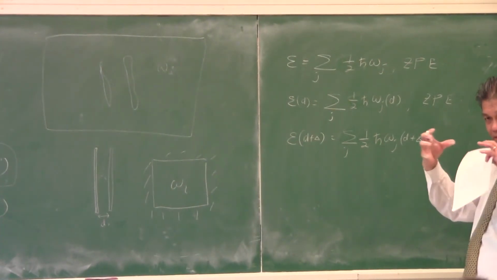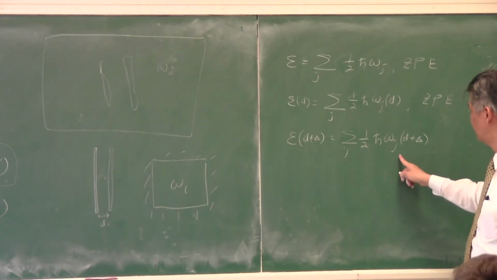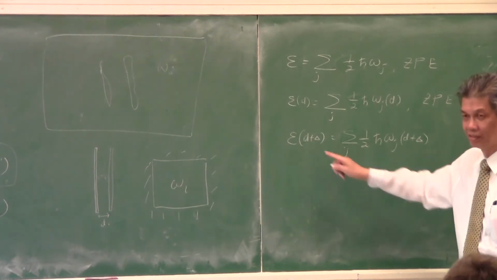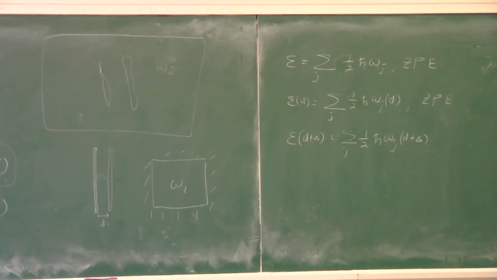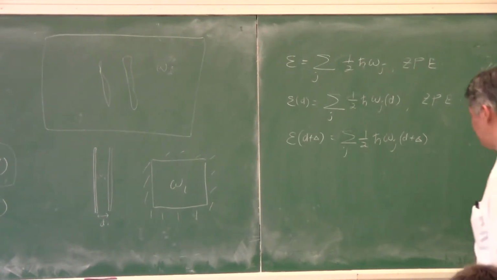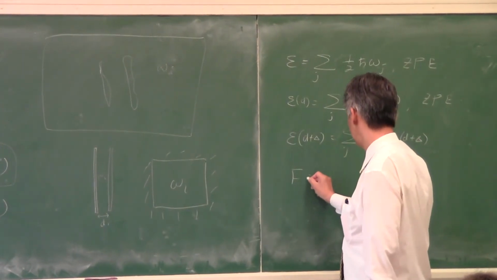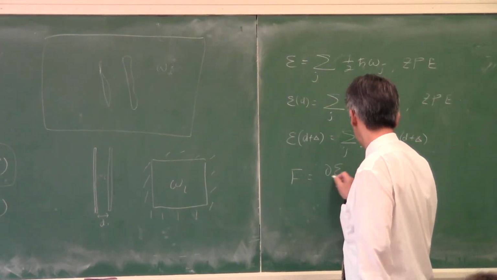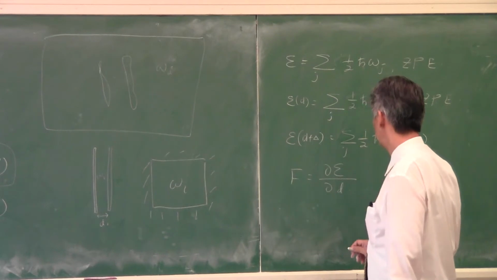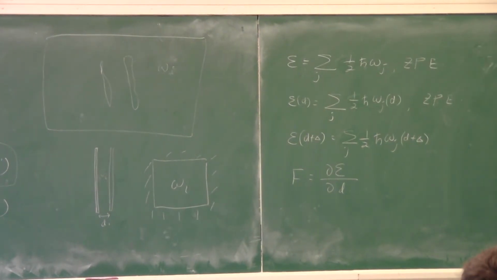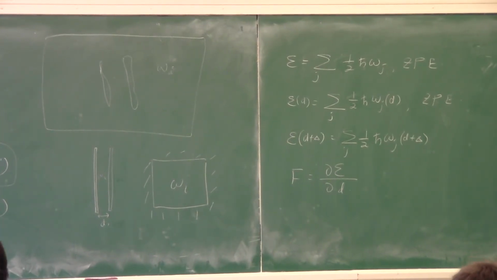I just moved the two objects a little bit apart, calculate the new resonant frequency, calculate the sum of the 0-point energy, and then the force will be proportional to the rate of change of this energy, the 0-point energy, with respect to the separation. And that is another way to calculate Casimir force.